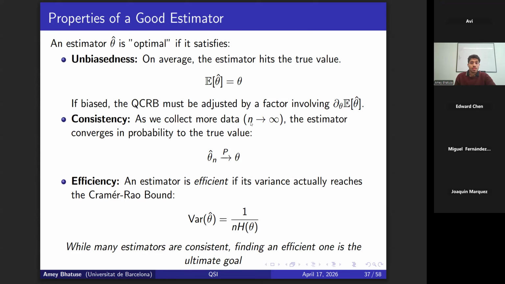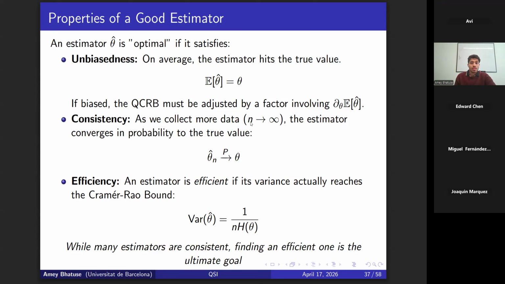So let's start first with the classical case, where you have a classical distribution of outcomes which depend on a certain parameter, and how well can we estimate theta.